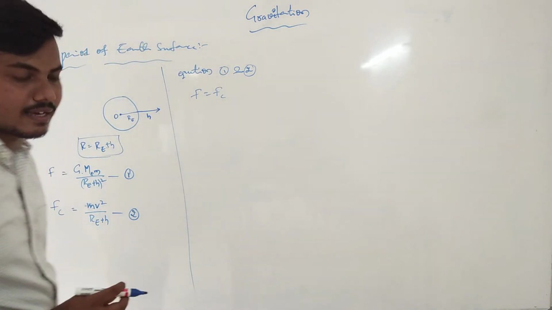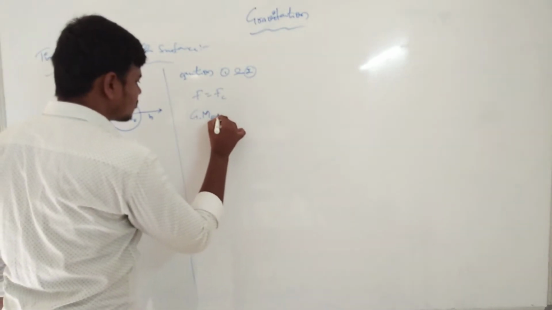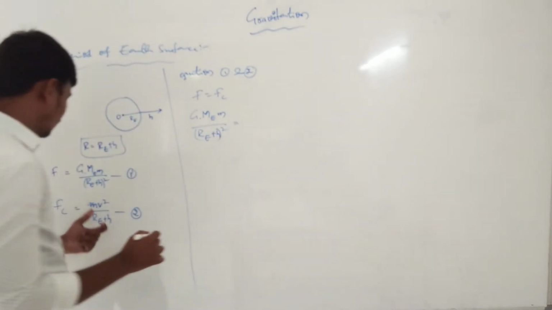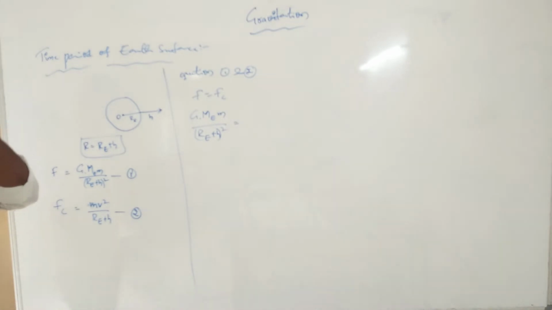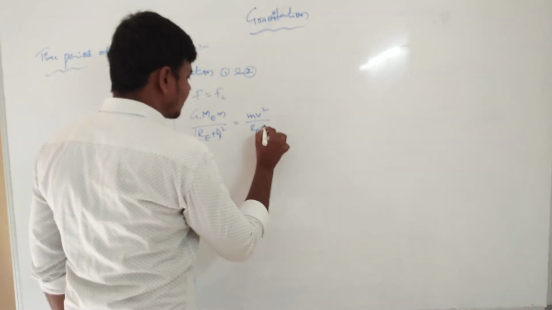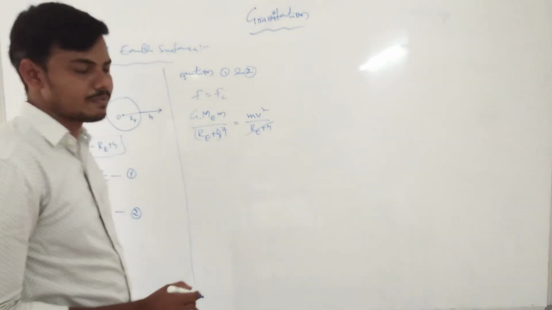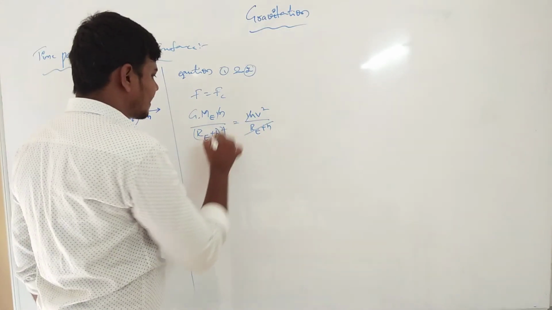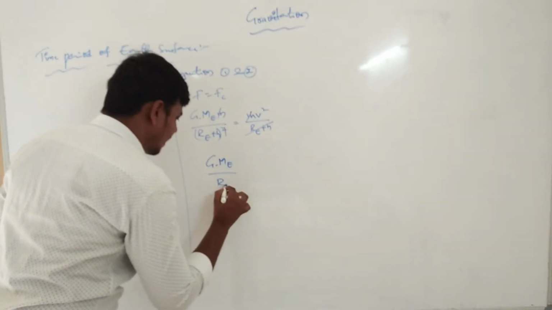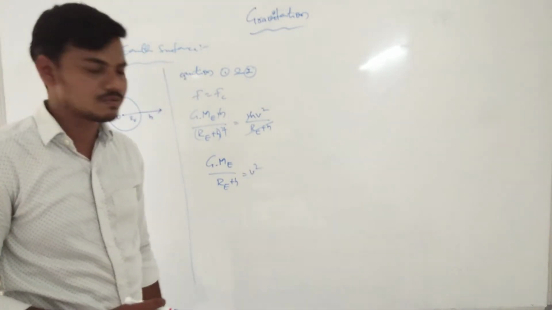Clearly, we know that the force F, capital G, capital M E, small m by R E plus H whole square, is equal to m v square by R E plus H. Now small m gets cancelled. The remaining terms are capital G, capital M E by R E plus H is equal to v square.